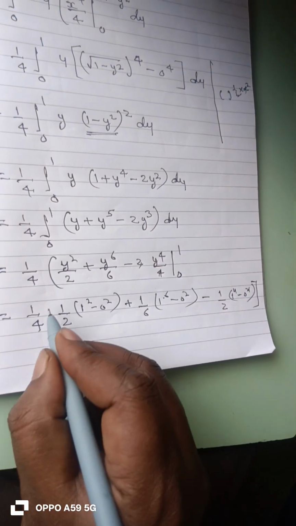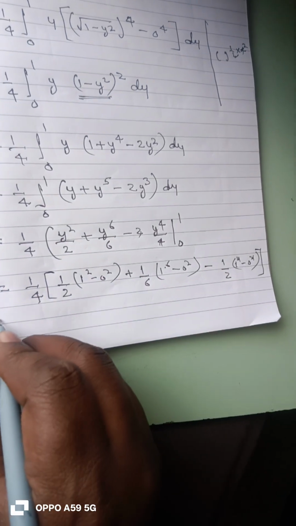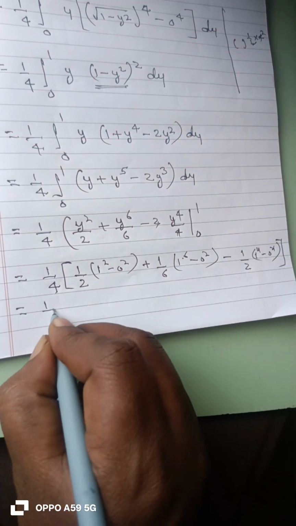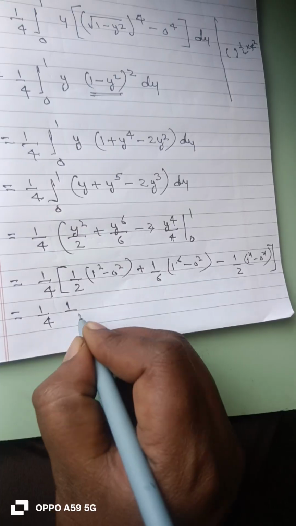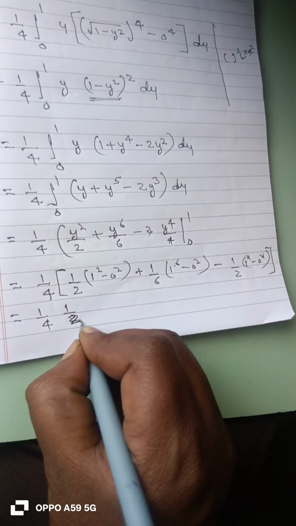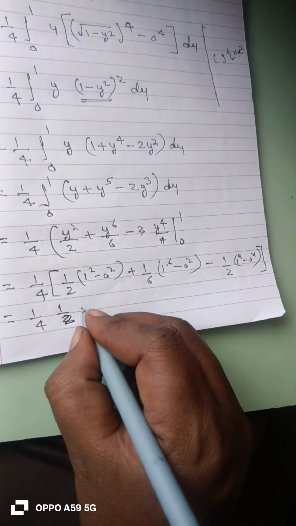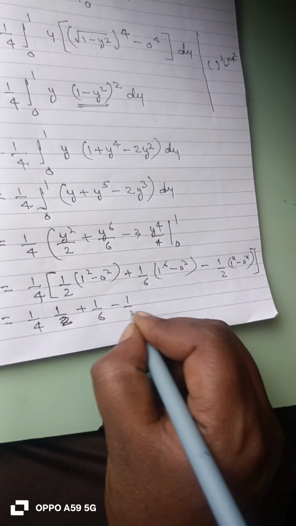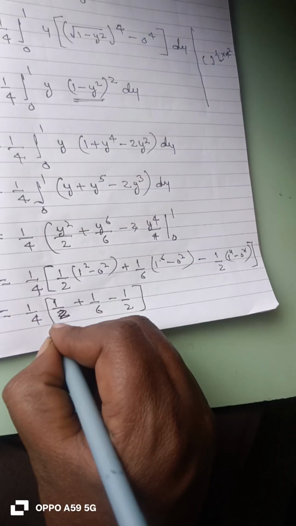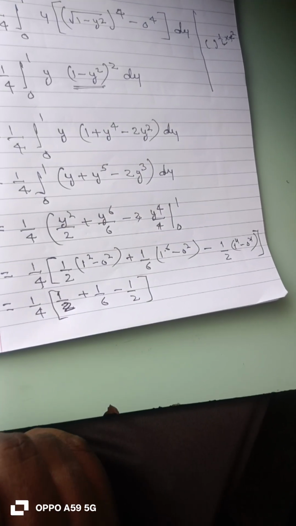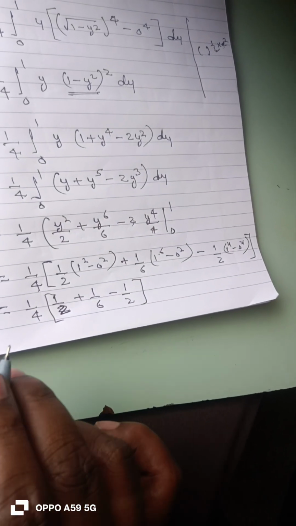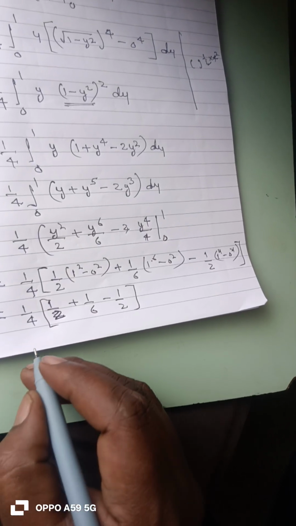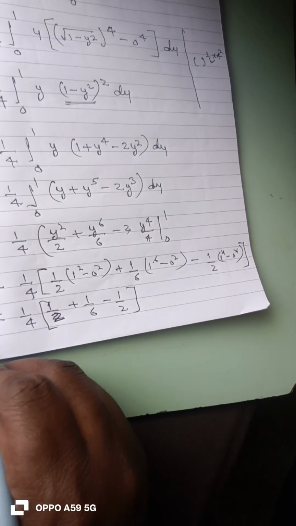This is the entire thing, it will be under 1 by 4. Now this is 1 by 4, this will become 1 by 2 plus 1 by 6 minus 1 by 2. Here plus 1 by 2 minus 1 by 2 you can cancel, 4 you multiply inside, so 6 4s are 24.